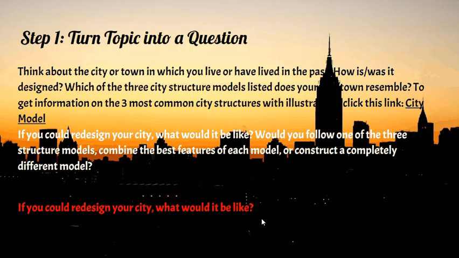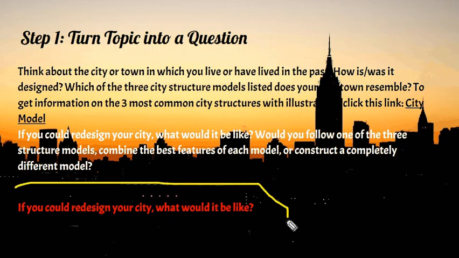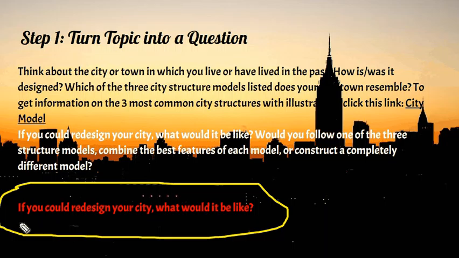Now, I think it's important here to remember that you don't want to get hung up on this model thing. Yes, your essay has something to do with these structural models, but this is the important thing. If you look at the topic question, which is, let me get my pen out again, is this guy right here. If you had to underline the single most important word in this sentence, likely you would underline city.